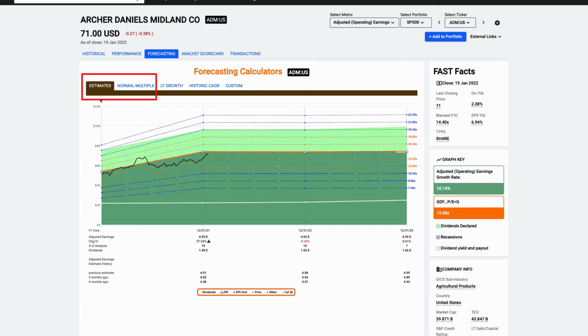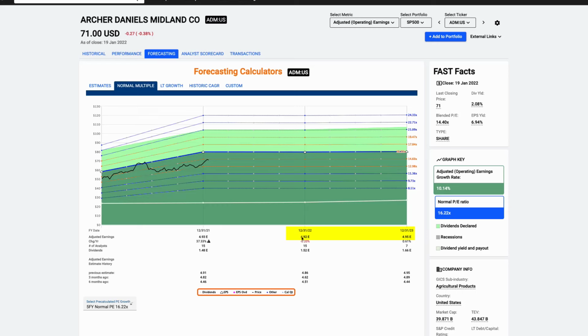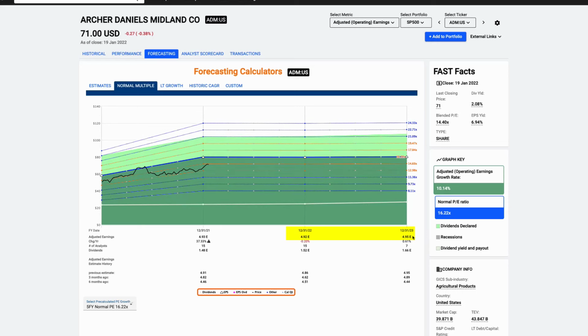The first 2 calculators, the estimates and the normal multiple, have the same data in terms of estimates. So 492, 495 right there. Then we would see 492 and 495 right there. Now, the differences between them is the line, the valuation line that is drawn.